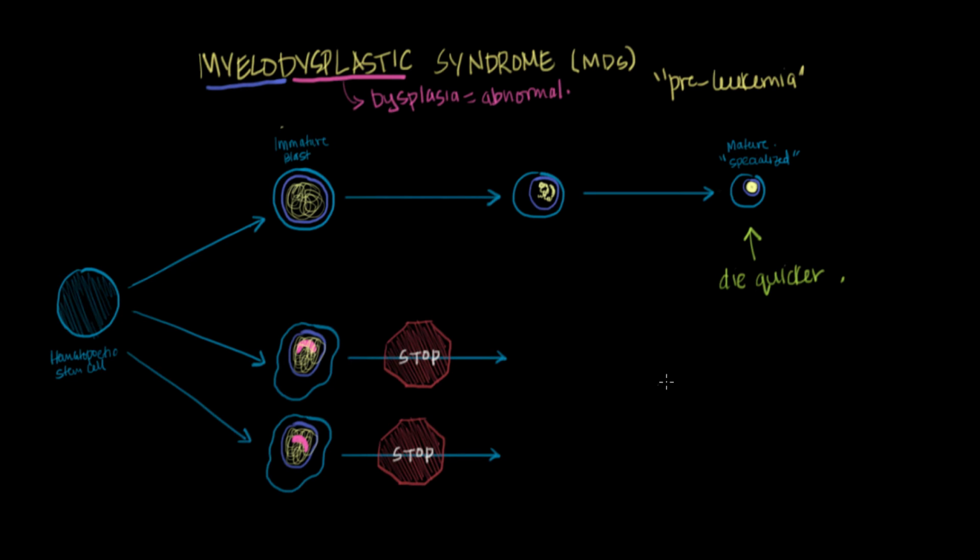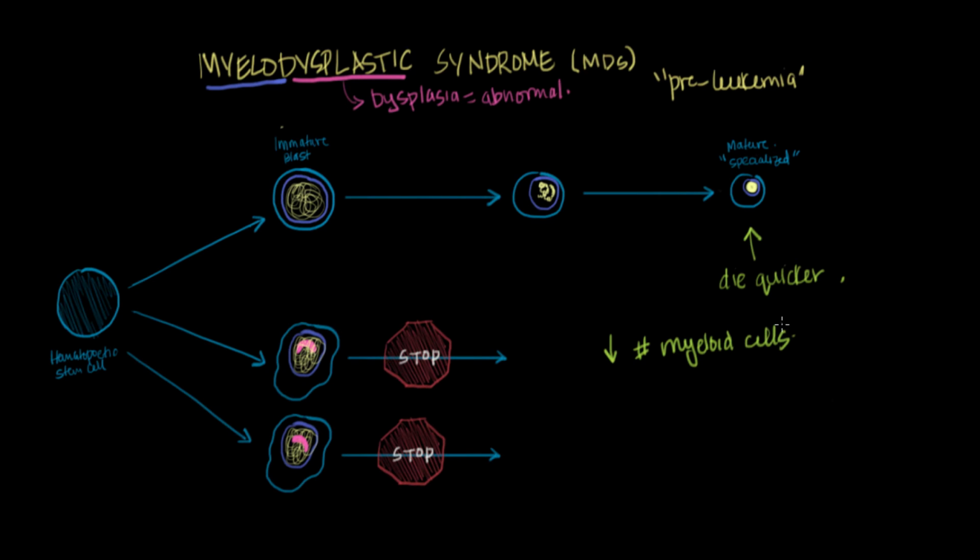And you can imagine that because of these two situations, because of mature cells dying off quicker and immature cells not being able to develop the way that they should, in myelodysplastic syndrome, our primary problem is that the bone marrow isn't able to put out as many myeloid cells as it should. So there's a decrease in the number of your myeloid cells.